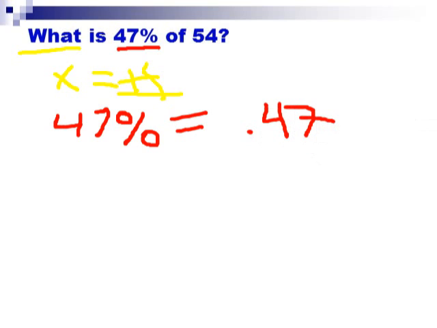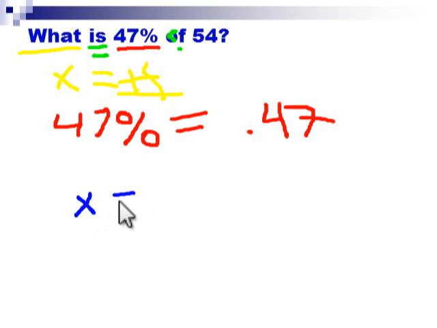And then finally, if you remember from a couple of seconds ago, is is an equal sign, and of is multiplication. So now we can just very easily write our equation to go with this using the different things that we've replaced with different symbols. So what is x?